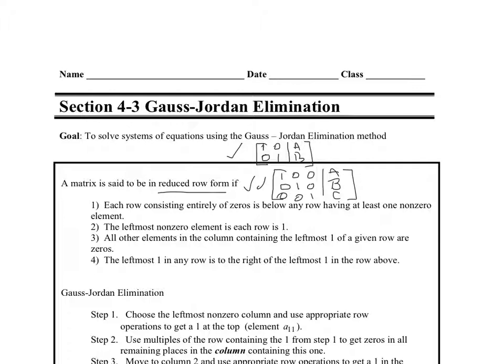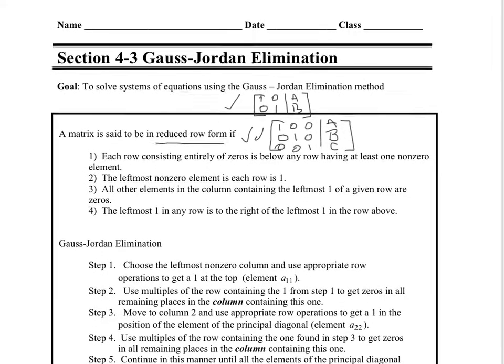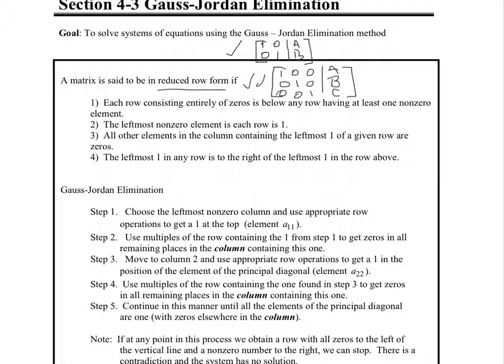That's going to be important if we're working to solve these systems. Now, the rest of this page simply goes through the steps, reminding you how you would put something into reduced row form in order to see what the solution is.